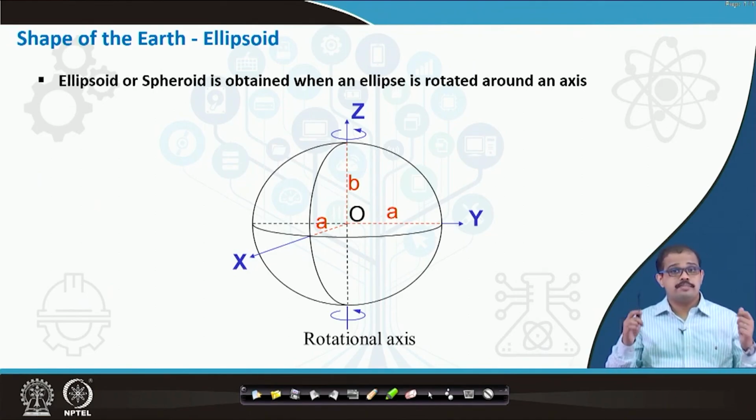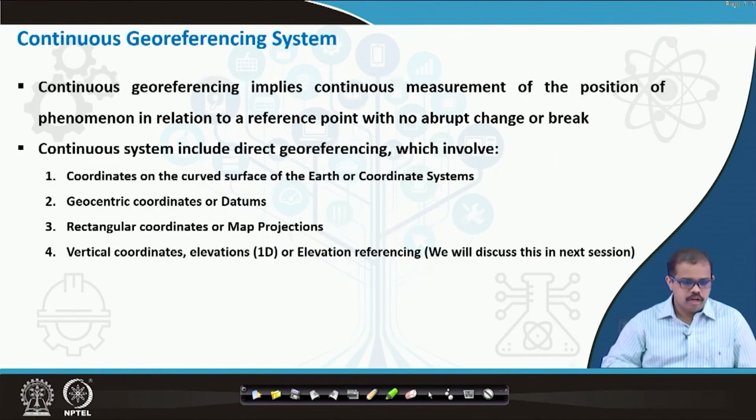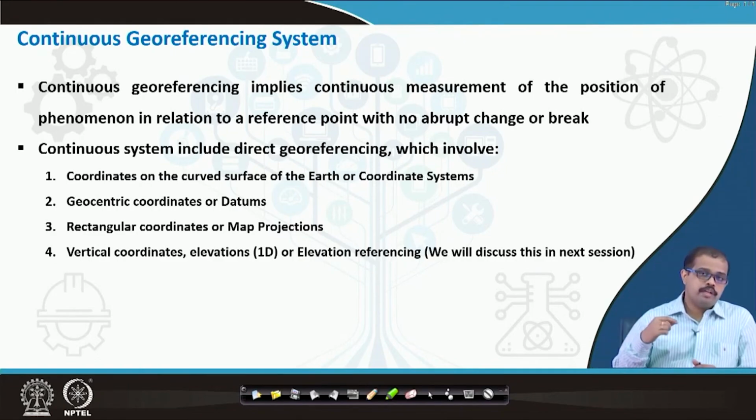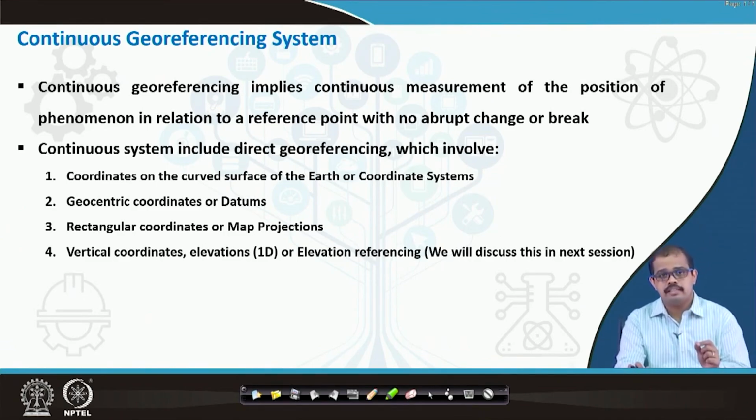So your earth is basically a spheroid and not a sphere. Now once we have understood earth is a spheroid, we look at the different georeferencing systems. The first thing is continuous referencing. Continuous referencing implies continuous measurement of the position of a phenomenon in relationship to the reference point with no abrupt change or break.